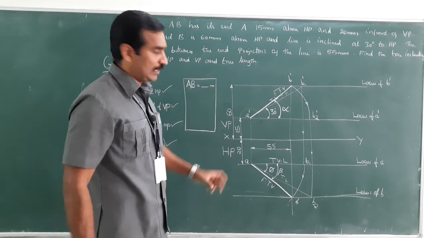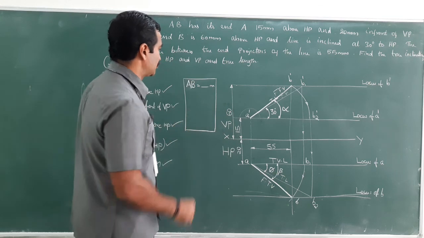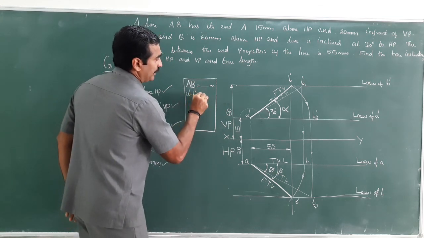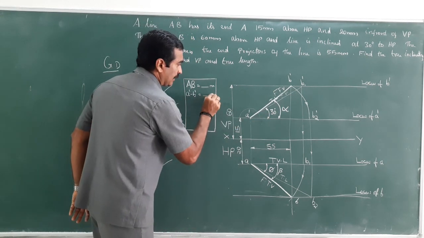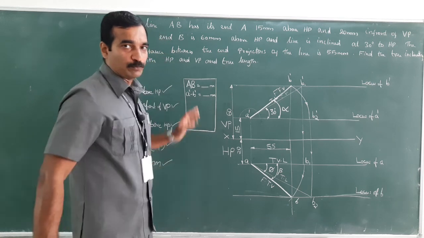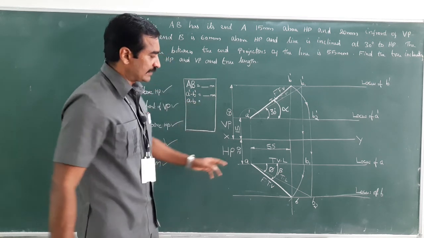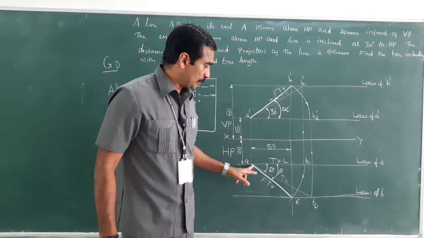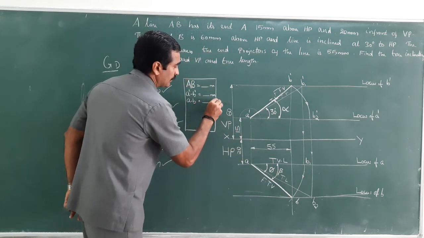By using the scale, you can measure the actual measurement from the projection and mention it. Next, A dash B dash, which is the final front view. You measure it and give the input here. Next, AB, which is the final top view length on the HP, which should be in mm.